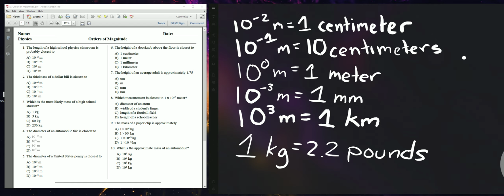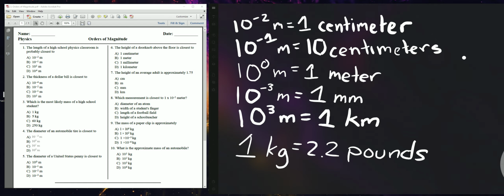Most of you, I would assume all of you, do not weigh 2 pounds, which is what A is saying. You do not weigh 10 pounds, which is what B is saying. And most of you do not weigh 500 pounds, which is what D is saying. So I would say around 60 kilograms is a moderate answer. It's a good enough answer.